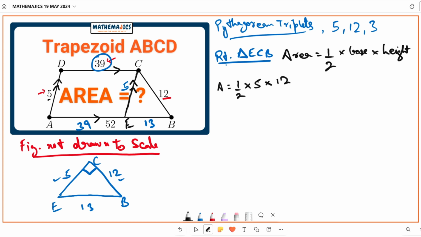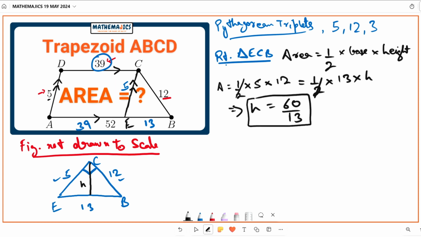I can choose EB as base. According to that, height will be this H. So this will be equal to half times 13 times H. Now half and half can be cancelled, and H will turn out to be 60 by 13.